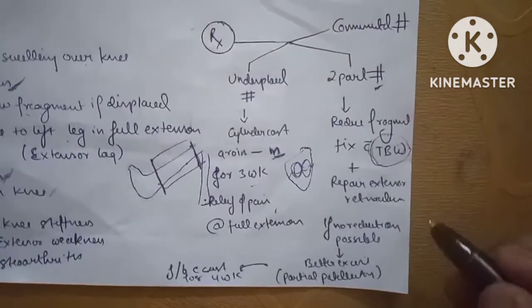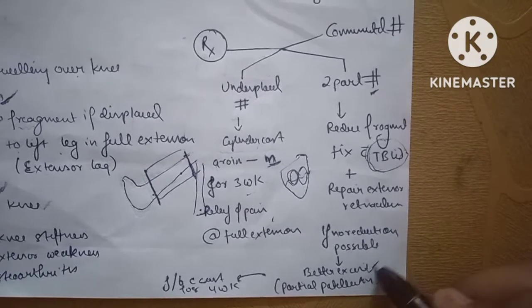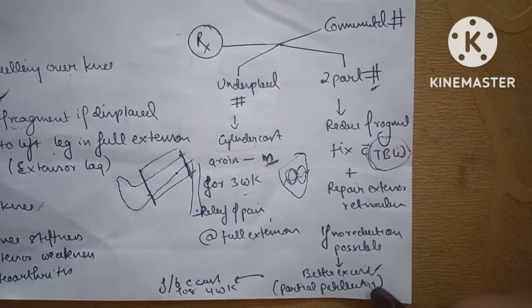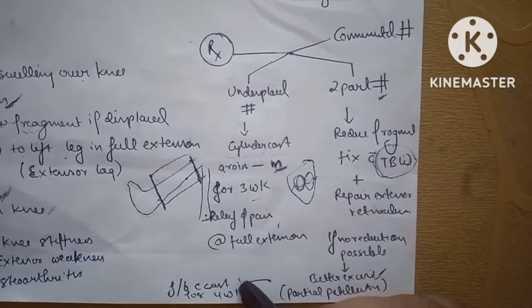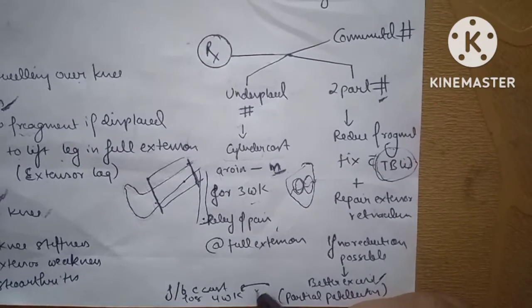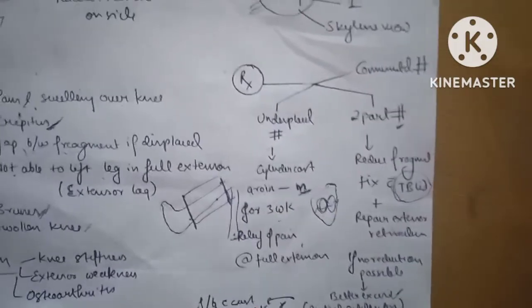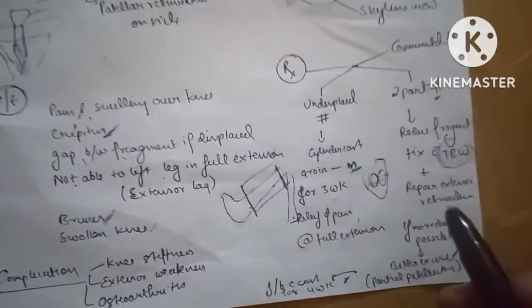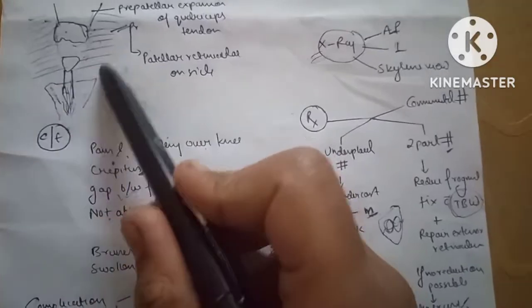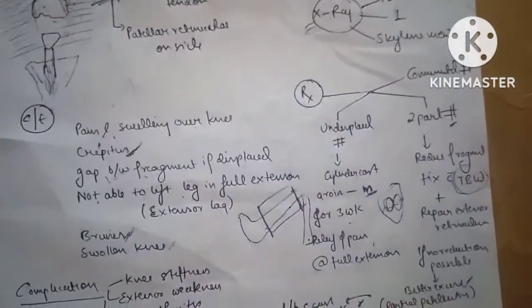If no reduction is possible, either we excise the patella, that is known as partial patellectomy, and we apply the cylindrical cast again for 5 to 6 weeks in the extension position, and let it heal. We also heal the surrounding patellar retinaculum, that is the extensor retinaculum surrounding the patella.